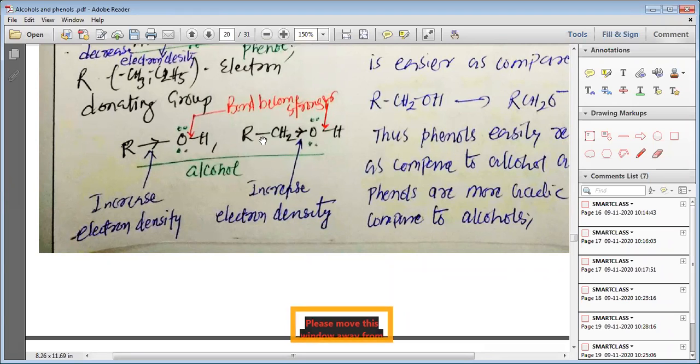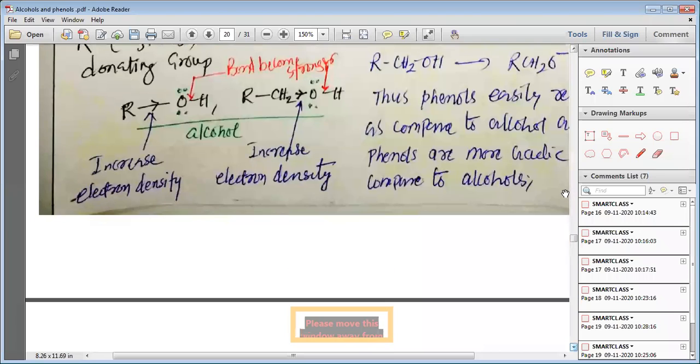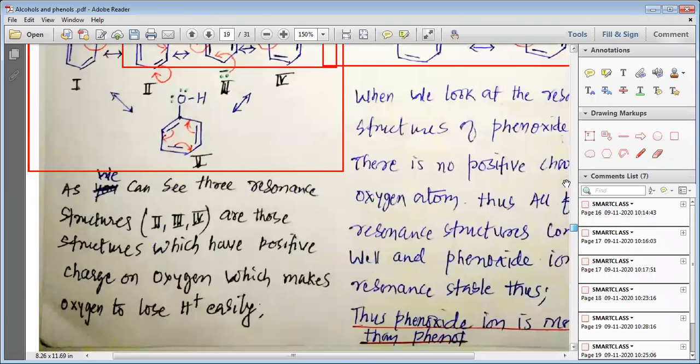So you can see here that in RCH2OH, the electron donating group increases the electron density on oxygen, and this bond becomes more and more stronger and cannot be easily broken. Now, as the OH bond cannot be easily broken, what happens?